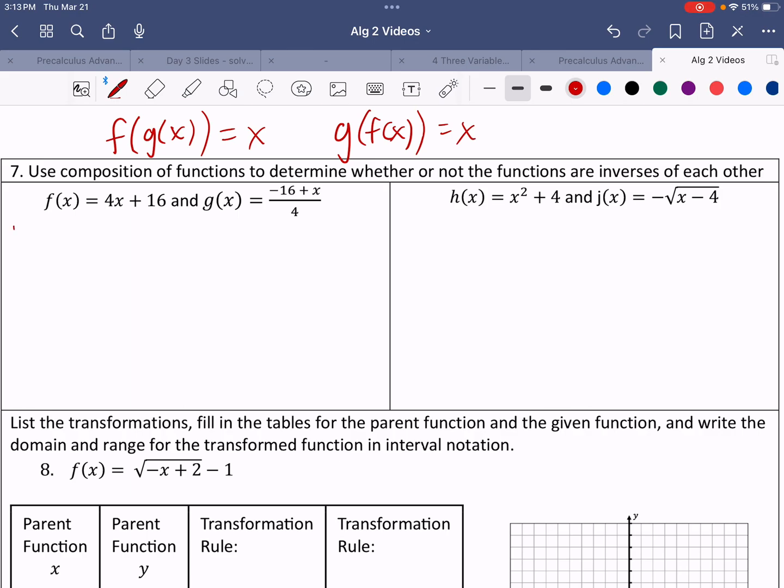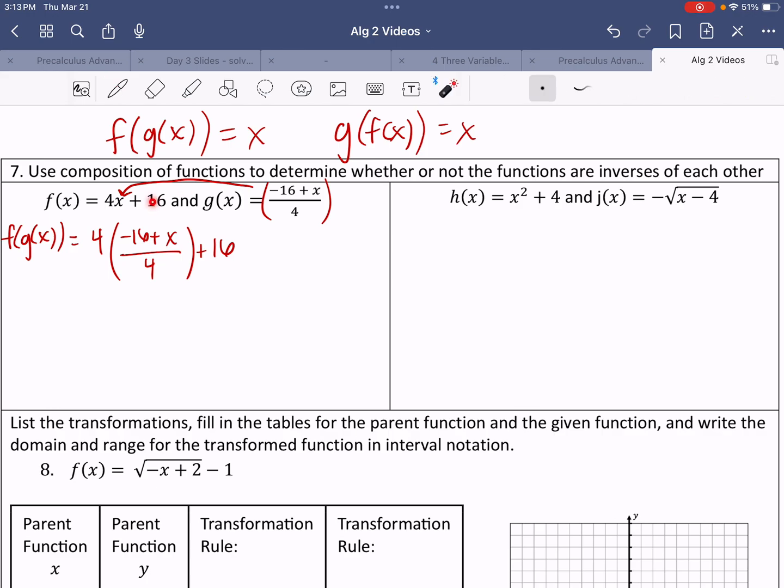Okay, so let's do f of g of x. I'm going to plug all of g of x into function f. So it's going to be 4 times negative 16 plus x over 4, and then finish out the equation with the plus 16 at the end.